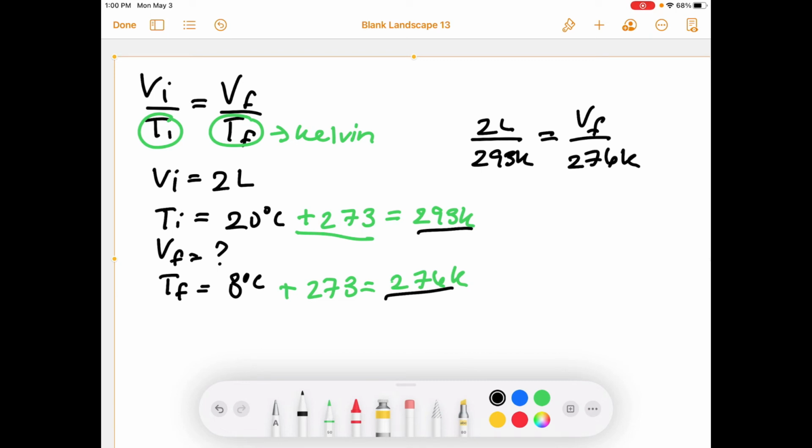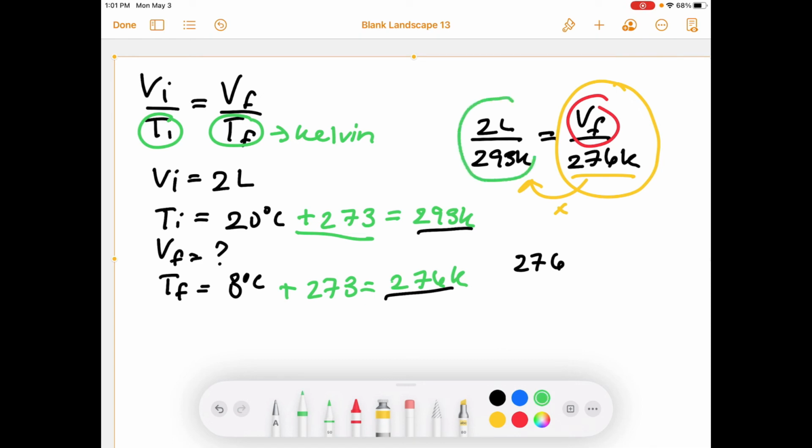Okay? Now we have to get V final by itself. So if we are dividing on this side, in order to get the 276 to the other side, we have to multiply. So when you move this over, since it's being divided on this side, you have to make sure that you keep whatever I circled in green in parentheses, and multiply the 276 by the entire thing that's in the parentheses.